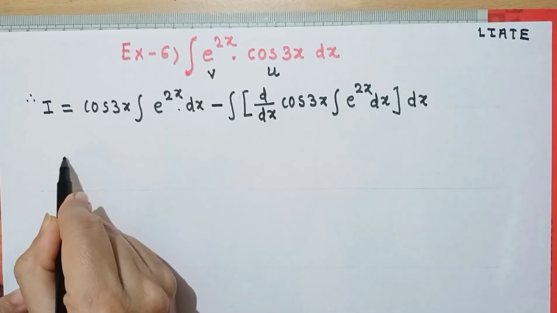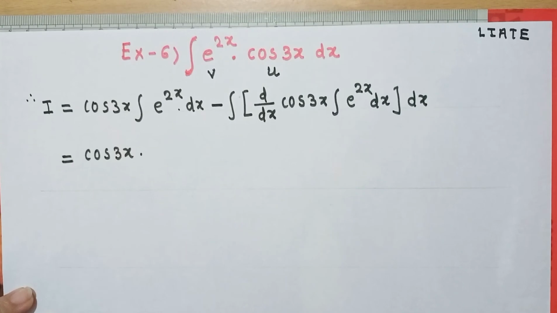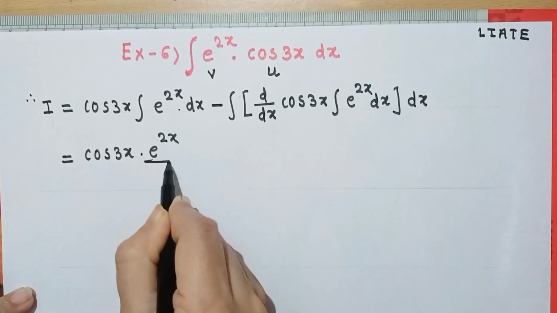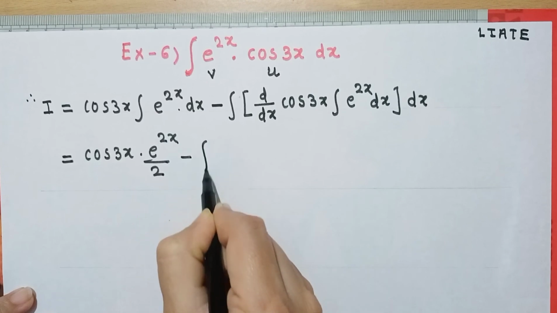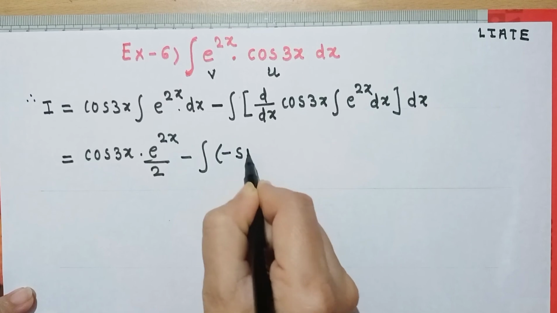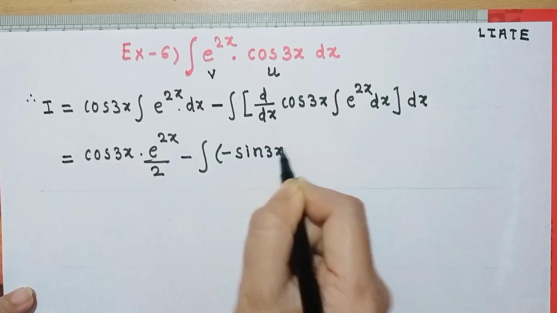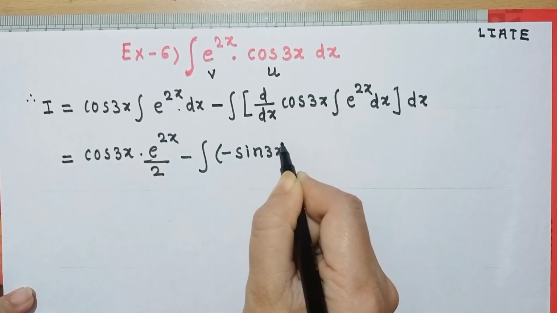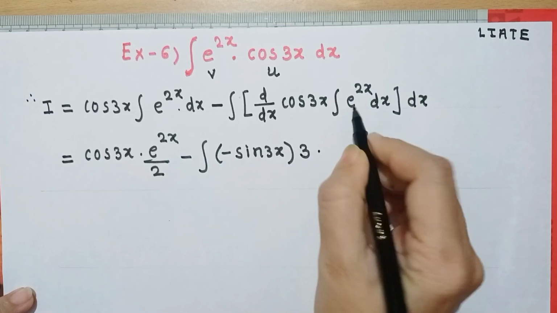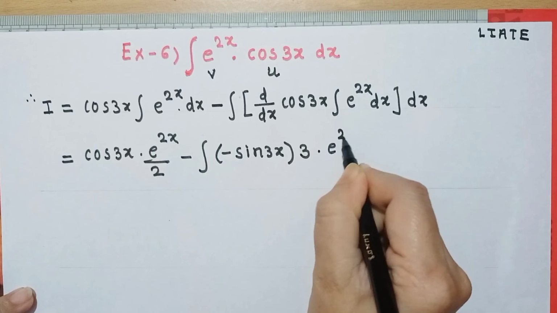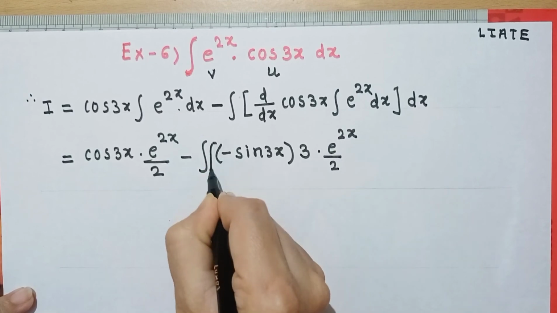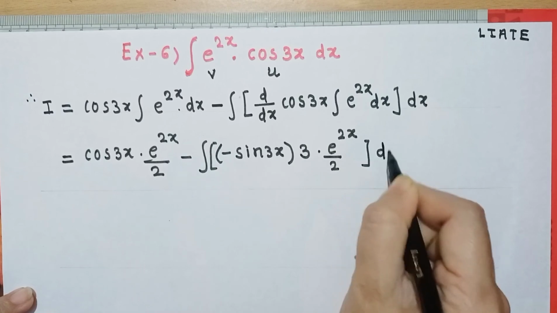Now again we will find integration of e raised to 2x is e raised to 2x upon 2, minus integration derivative of cos is minus sine, so minus sine of 3x, again 3x is function of x, so multiply by its derivative which is 3, and integration of this is again e raised to 2x upon 2, and then here write down dx.